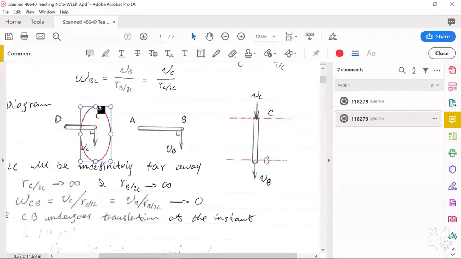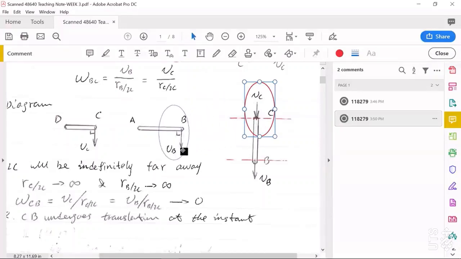Then we can copy everything from here to here. For point B, it's a pin connection point between CB and AB, because AB is undergoing rotation about point A. So we know at point B, the direction of VB must be perpendicular to AB.